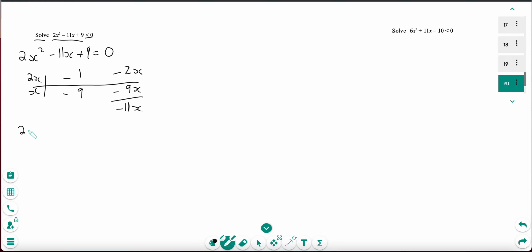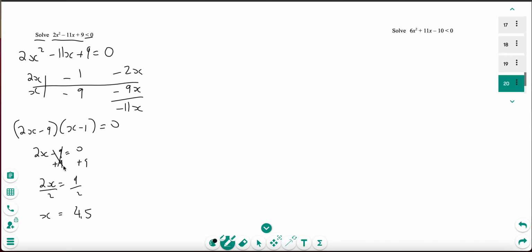Combine diagonally. We'll solve this by rearranging, so plus 9 on both sides, divide by 2. x equals 9 divided by 2, which is 4.5. And the other one, x minus 1 equals 0. What minus 1 is 0? x is 1.